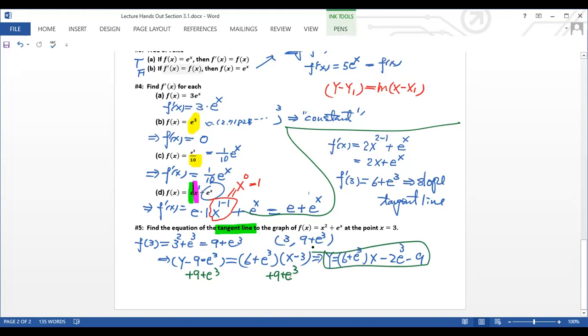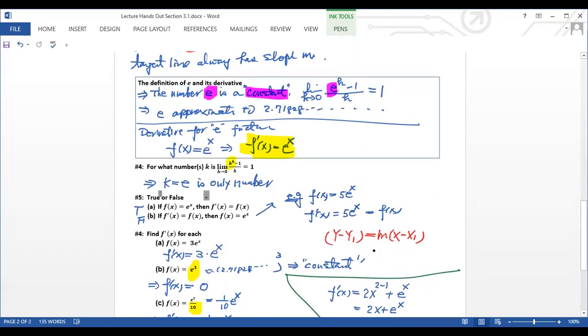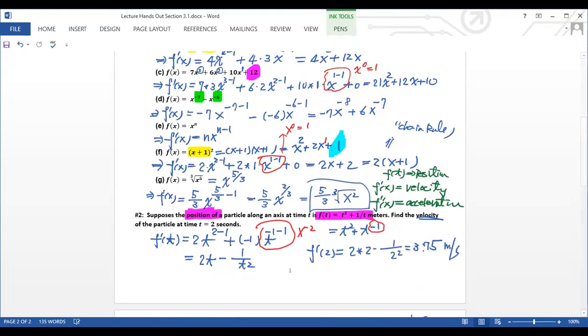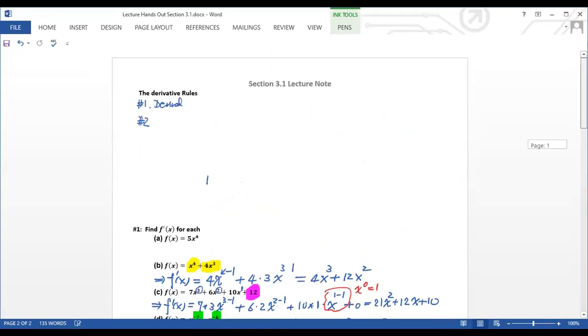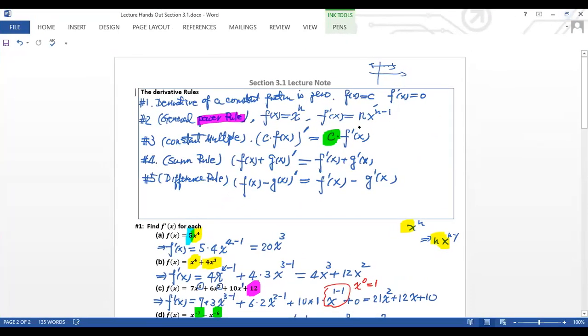That's it. For this lecture series, we talked about two formulas. One is the power rule, the general power rule for x to the nth power, and how you do that.